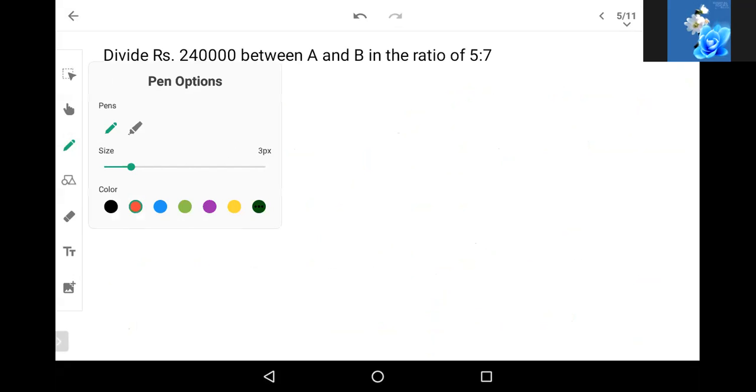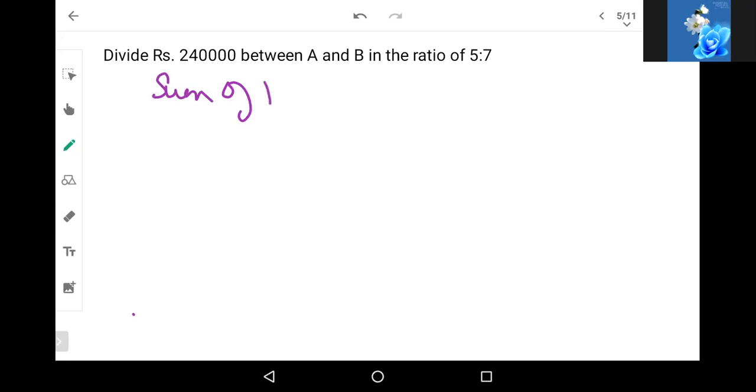Start with sum of ratio. What is the sum of ratio? 5 plus 7, which will be 12. So 5 by 12 has to be paid to A and 7 by 12 has to be paid to B. That is the ratio that you have to follow.